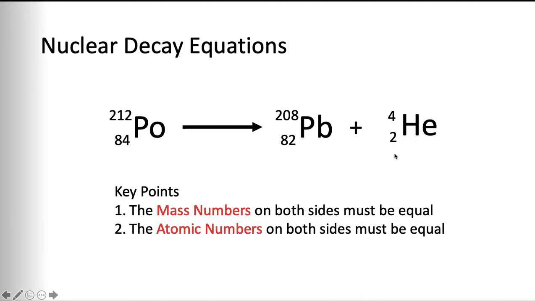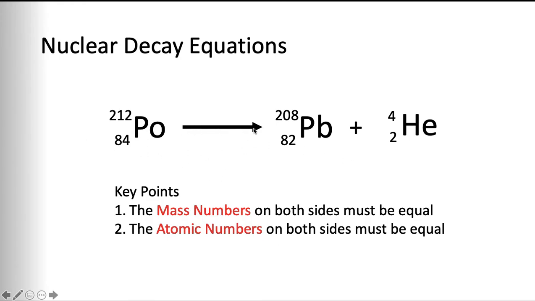I have 82 plus 2 gives me 84, which is equal to this number over here, 84. So this is very important to remember when we're doing nuclear decay equations. The top numbers have to be equal on both sides, and the bottom numbers have to be equal on both sides.